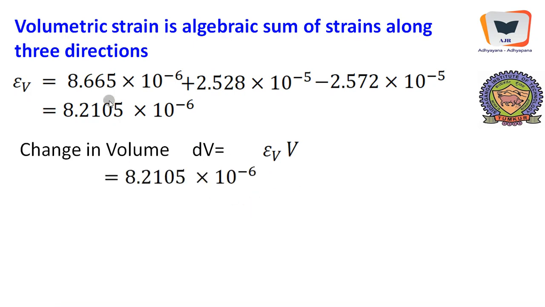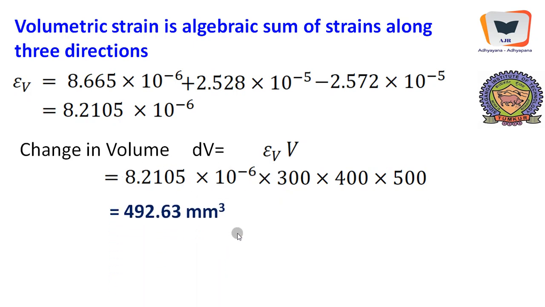So epsilon V, we will substitute this particular value, into V, which is the multiple of all the three dimensions. So along x it is 300, along y it is 500, along z it is 400. We multiply everything. This is the original volume, and this is the volumetric strain.